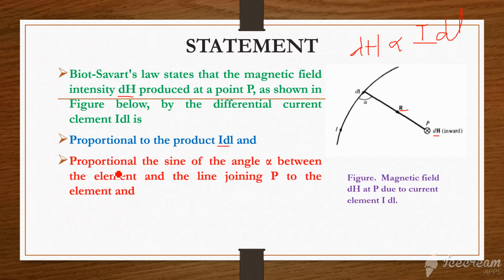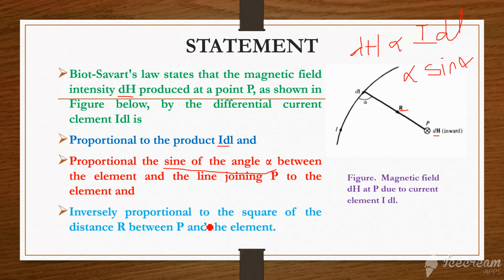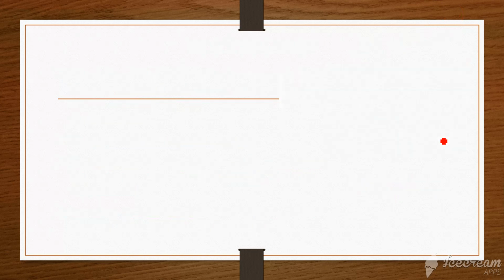The second one is proportional to sine of the angle alpha between the element and the line joining P. So the second point is proportional to sine of alpha, and the third one is inversely proportional to the square of the distance R between P and the element. That is, inversely proportional to 1 by R square. So this is the statement of Biot-Savart law.